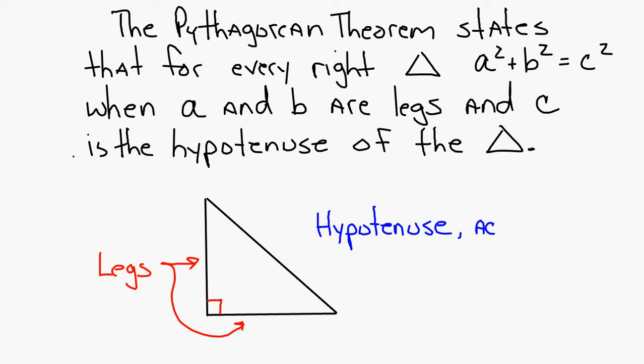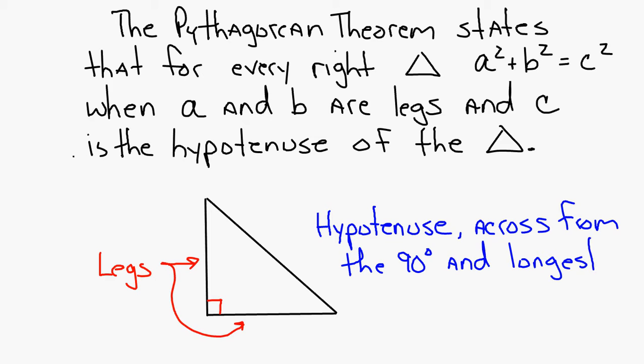It's across from the 90, and it's the longest side. So if you were to label the three sides of the triangle, the legs are always labeled a and b. The hypotenuse is always side c.